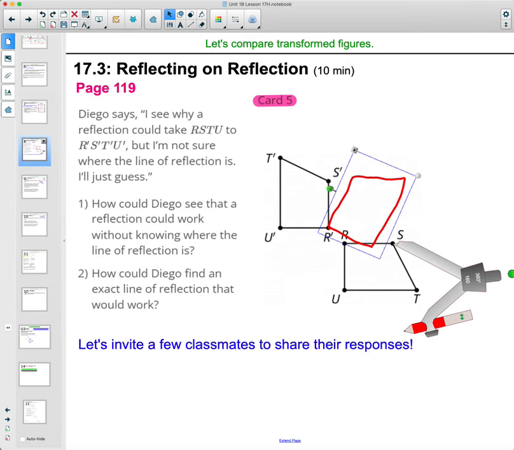Okay, rotate S to S prime, then reflect over RS, and would have landed it right back on there if we couldn't just reflect over the line of reflection or have the tools to describe that.